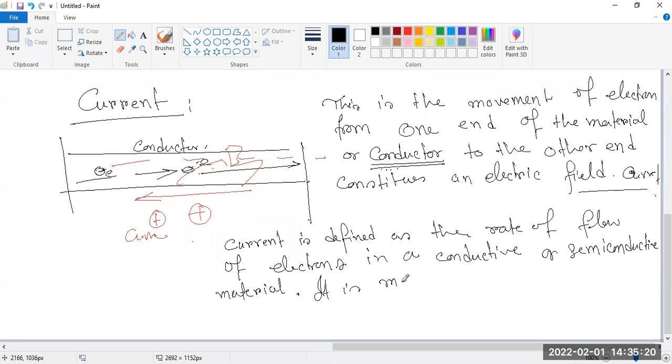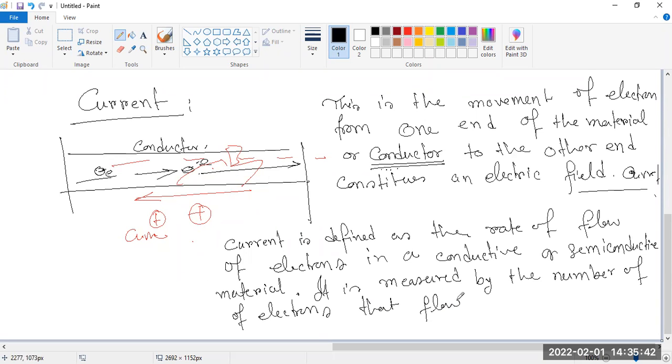It is measured by the number of electrons that flow past a point in unit time.